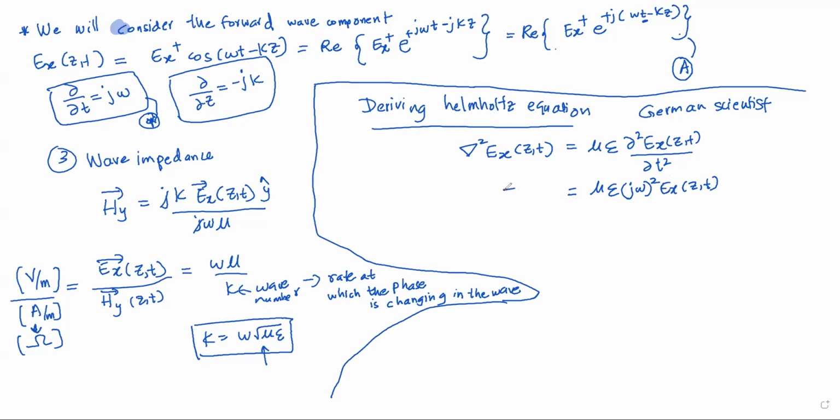With this, now we have a very simple equation where we can take the components of Ex onto one side. We can take this Laplacian operation plus, because here we have jω squared, which means minus omega squared. Once we take it to the left side, we will take plus omega squared mu epsilon times Ex.